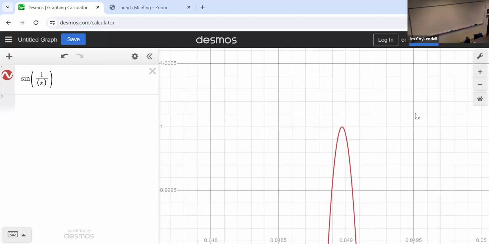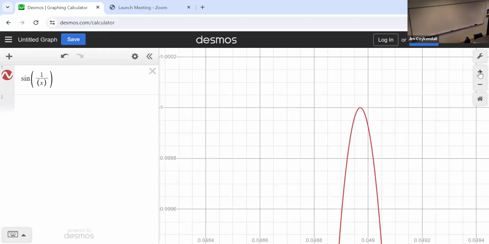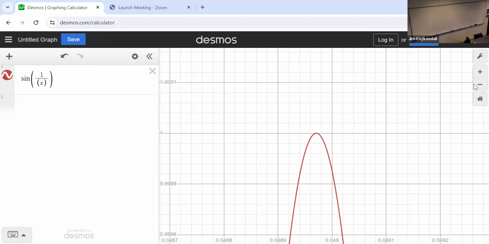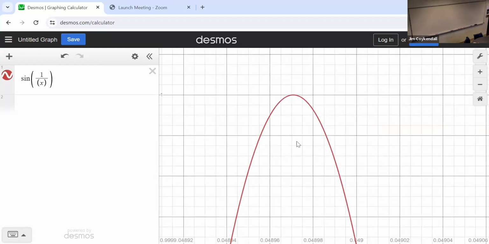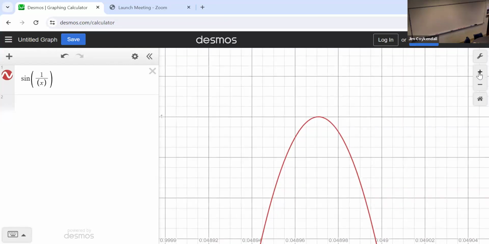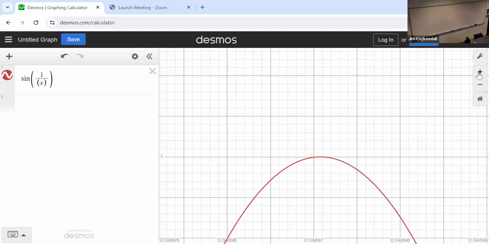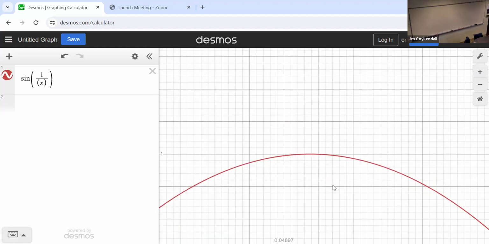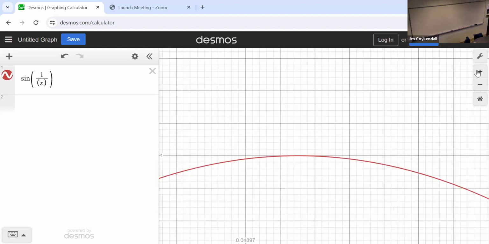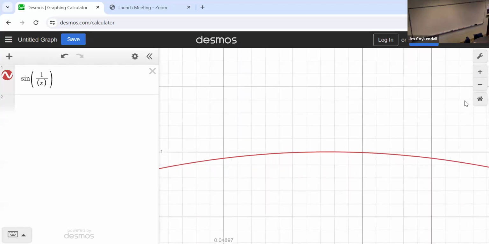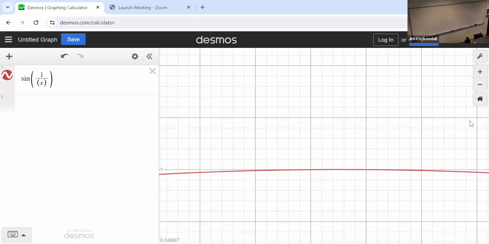Now it looks kind of pointy at a distance, but as I get closer and closer to the top of this wave, closer, closer, closer, what does it start looking more and more like? What does that almost look like when you get real close?